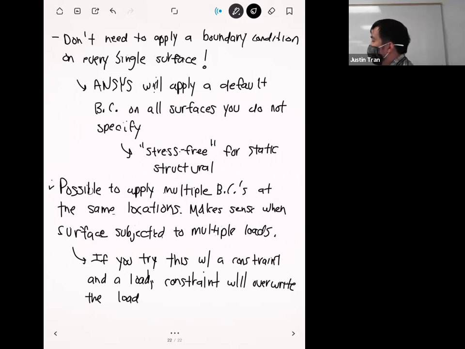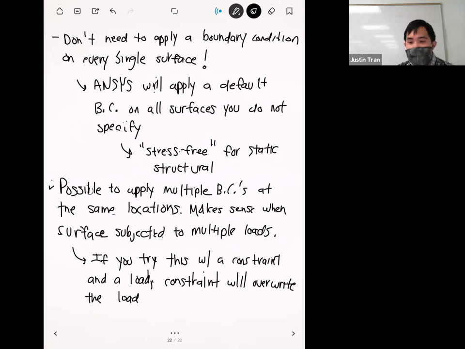And so it'll almost be like the load just wasn't even there. Okay. Because what's happening is that, let's say that you're applying a load on a surface, but if that surface is fixed, right? Then that load is not going to transmit to the rest of your solid. It's just going to hit that fixed support and then just kind of dissipate. Okay. And so I'll do a very simple example with a beam on the next page, and then we'll call it a day. Okay. But before I do that, are there any questions on this?